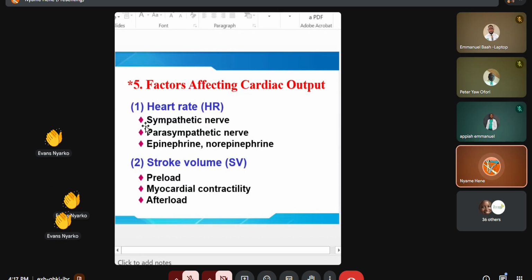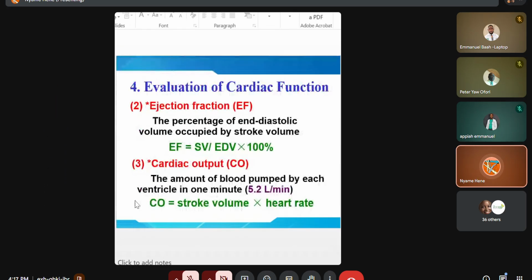Now, the factors affecting cardiac output. There are going to be some factors that will affect your cardiac output. So, what are the factors that will affect cardiac output? Who can tell me? Oh, it's simple. It's on the slide.